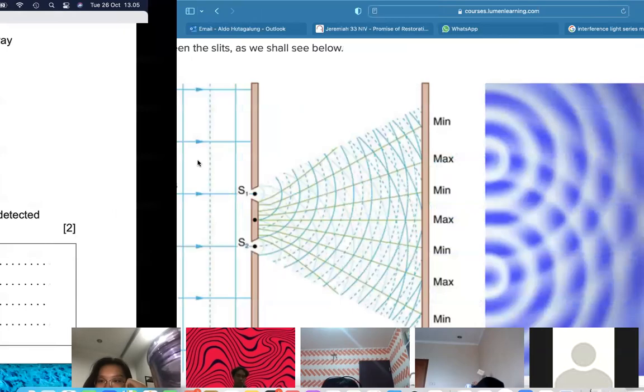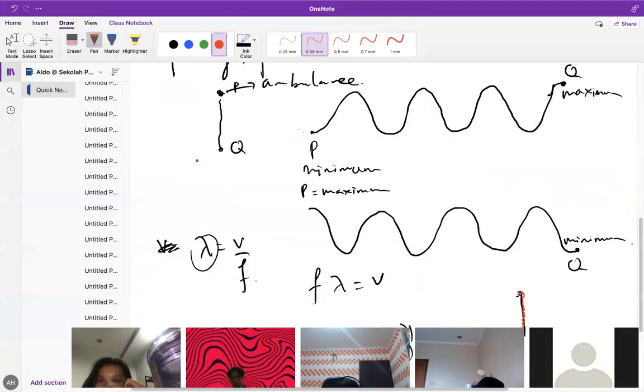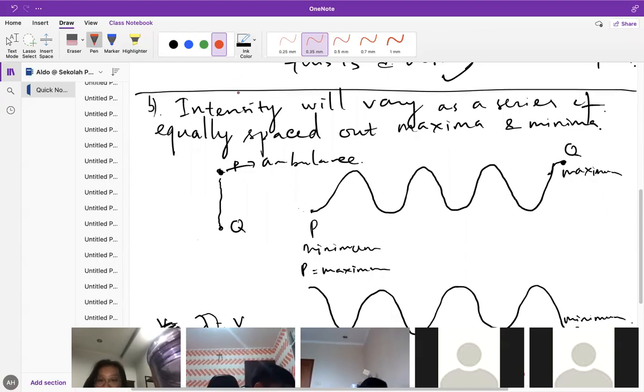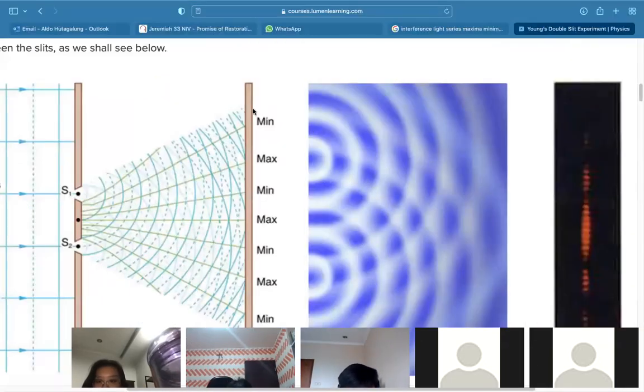Okay, here the question is actually asking us to answer in statement, not in calculation. So the intensity will vary as a series of equally spaced maxima and minima. Imagine this is P moving to Q. Of course, the microphone will detect a variation of intensity: minimum, maximum, minimum, maximum.